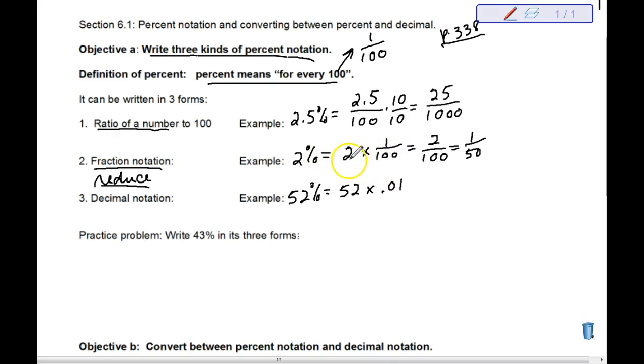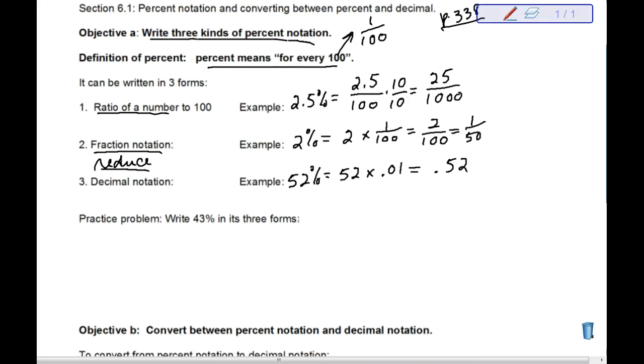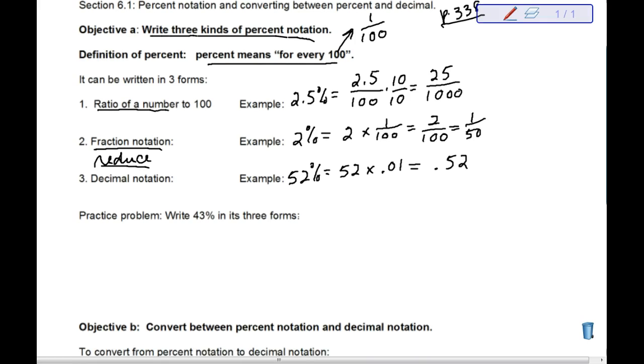So I can put it into fraction form by multiplying by 1 over 100. I can put it into decimal form by multiplying by 0.01. 52 times 0.01 is 0.52. We're going to talk more about that in the next part where we're doing some conversions. So this is the definition of percent. It means for every 100.